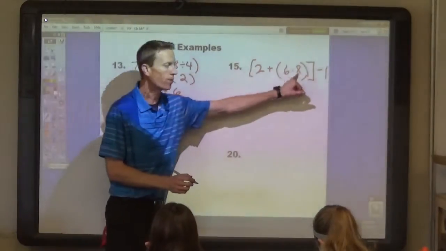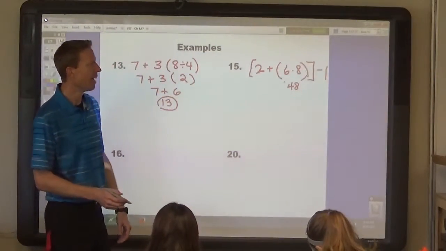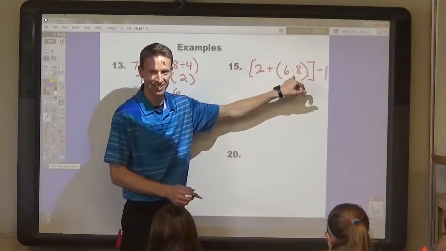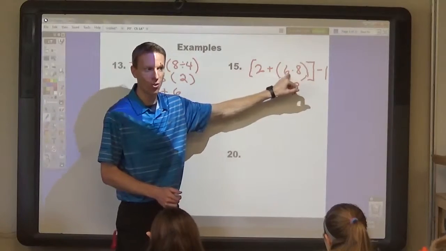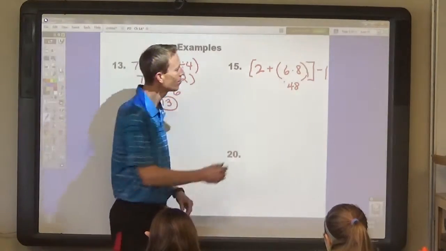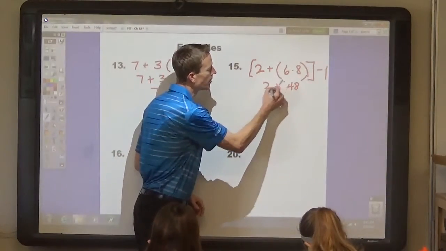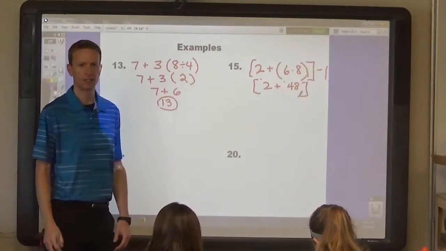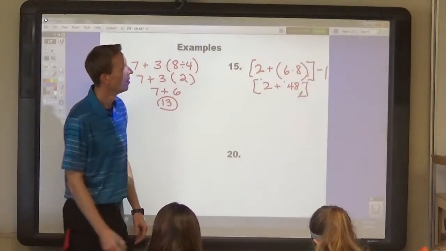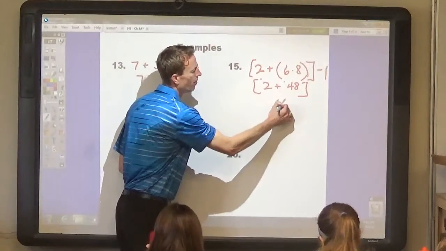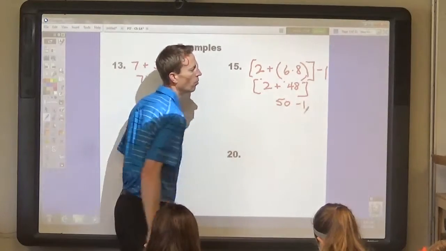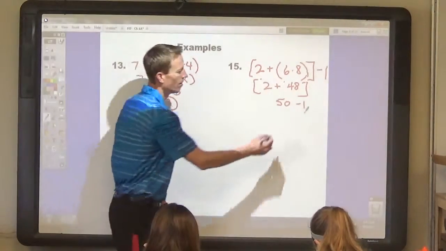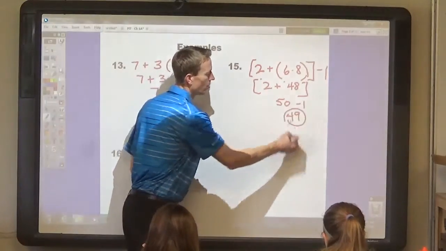Just so that we would do this first, yep. But actually, we wouldn't need them there either because this is multiplication. And we know to do multiplication before addition. So now bring down the 2 plus. Do we need the brackets? Yes. 2 plus 48 is 50 minus 1. 49. Circle the answer at the bottom.